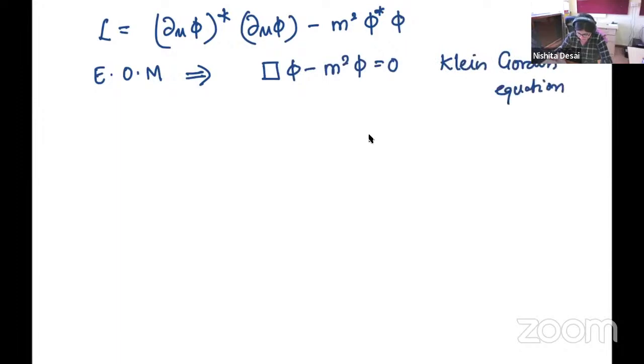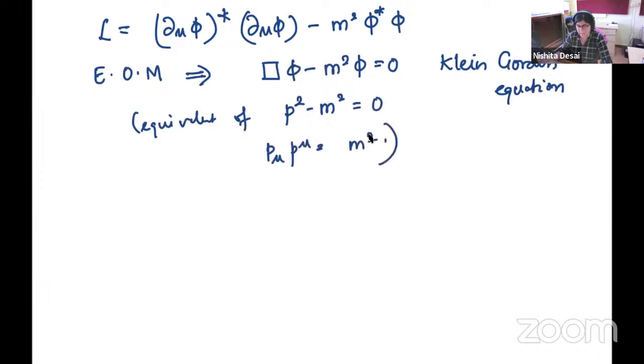Which is just the equivalent of p mu p mu equals m squared. So that is our usual special relativity condition, and this is just translating that into the language of fields.